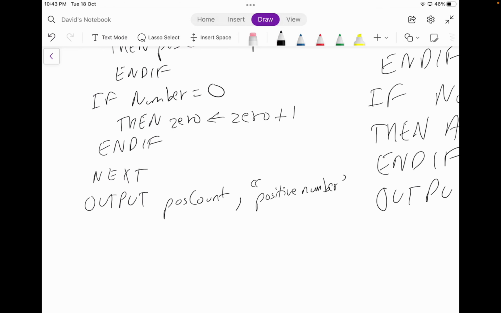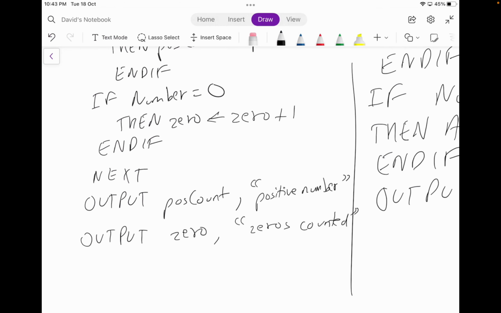So post count is going to be all the numbers. So let's say 53, that could be the positive number count, so it's going to be 53 positive numbers. That's just an example of how I'm saying it. Output, then we have to mention the variable 0, and you're going to mention the zeros counted. Close it.